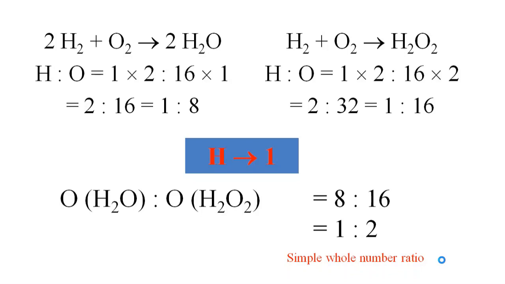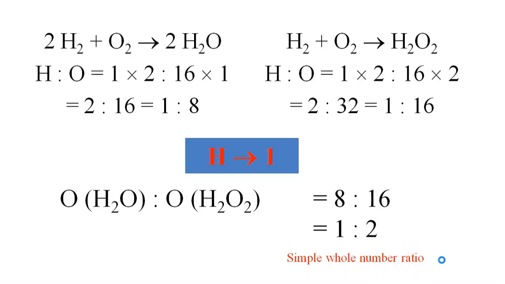Here the ratio of hydrogen and oxygen is equal to 1:8. In hydrogen peroxide, the reaction is H2 plus O2 equal to H2O2. The ratio of hydrogen and oxygen in hydrogen peroxide is 1:16.